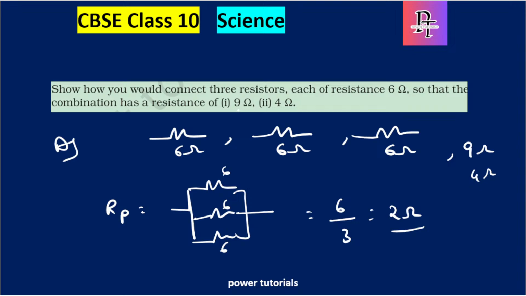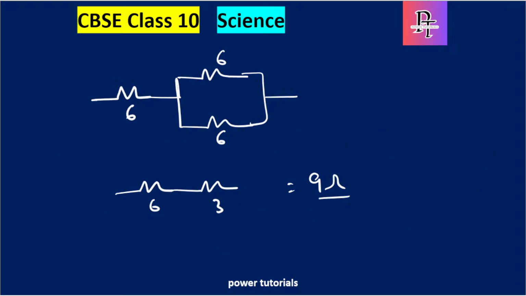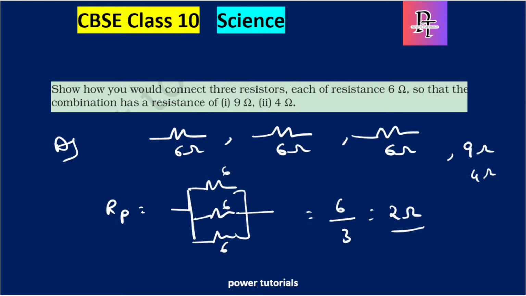Only 3 resistors, we should get 4. 9 is okay. All 3 in parallel, 6 by 3, we'll get 2.